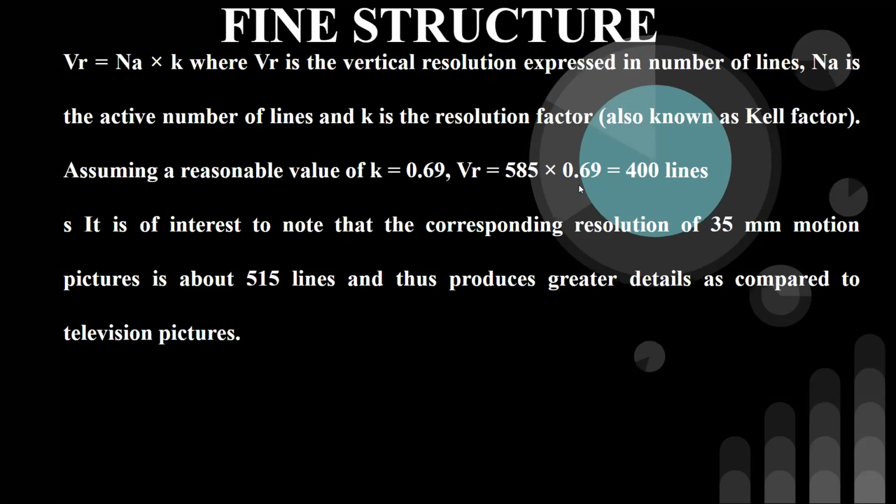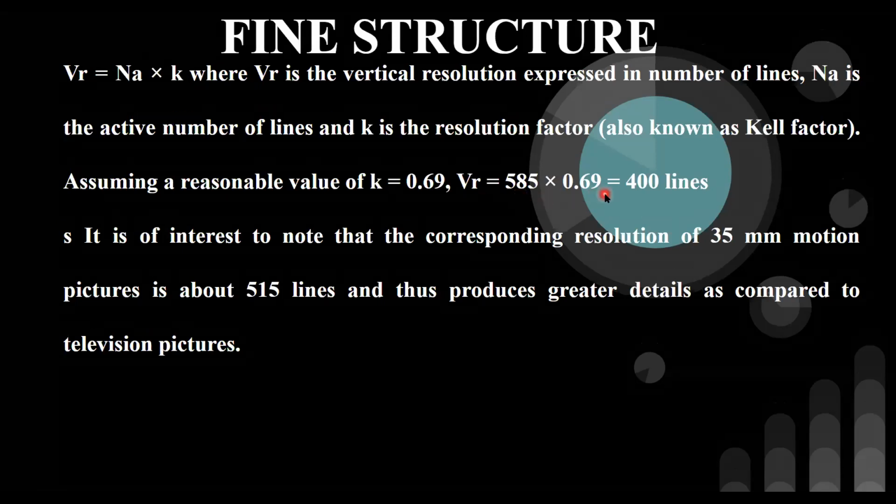Approximately take 0.67. So the vertical resolution is calculated here as 585 multiplied by 0.67. What value do you obtain? 400 lines. So what is the conclusion?